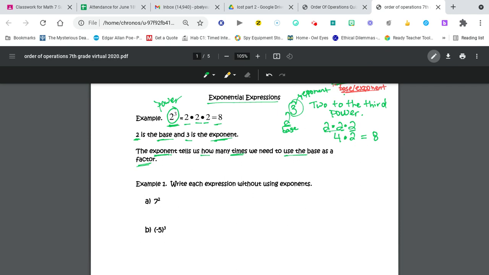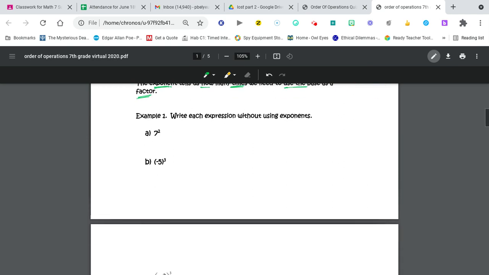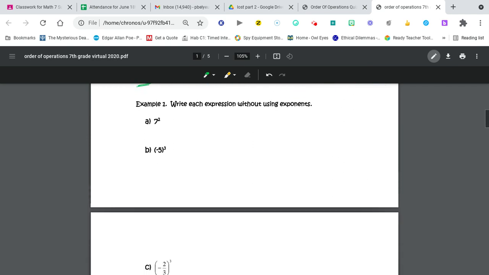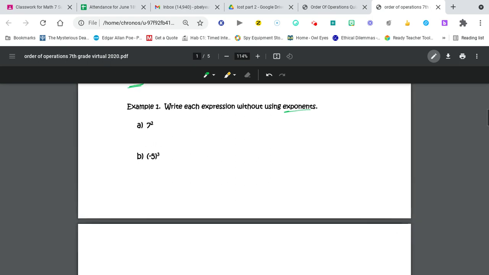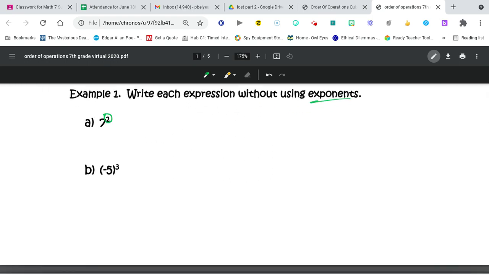Again, the exponent tells you how many times to multiply the base. That's all it is. This says write each factor without using exponents. This 2, when I have 7 to the second power, tells me to multiply 7 twice. 7 times 7, which is 49. That's all I do.